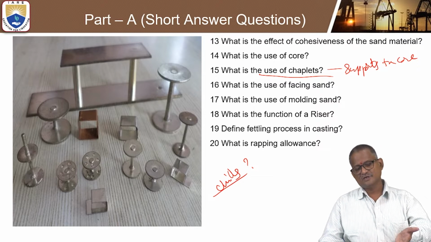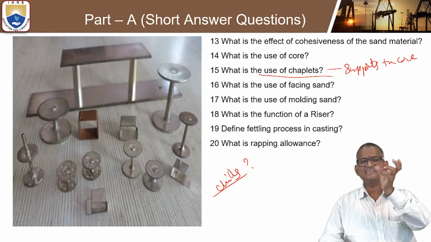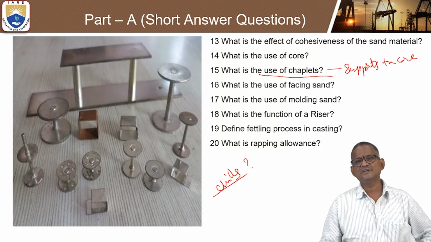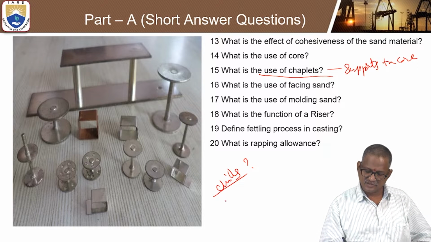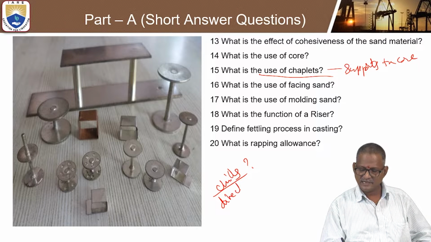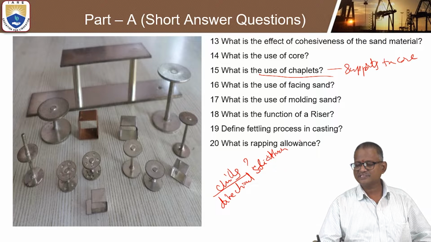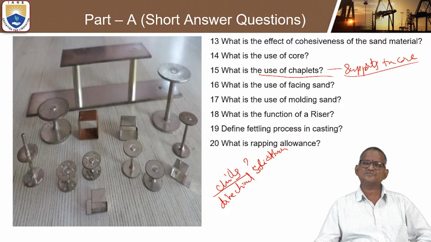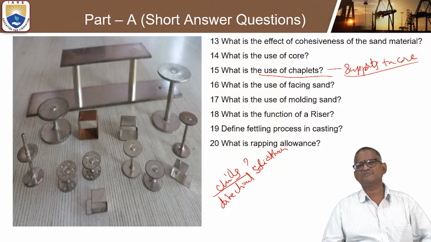Sometimes they will ask indirect questions in GATE and competitive examinations. Chills are used for directional solidification, whereas chaplets are used to support the cores. This question was also asked in your previous GATE questions.